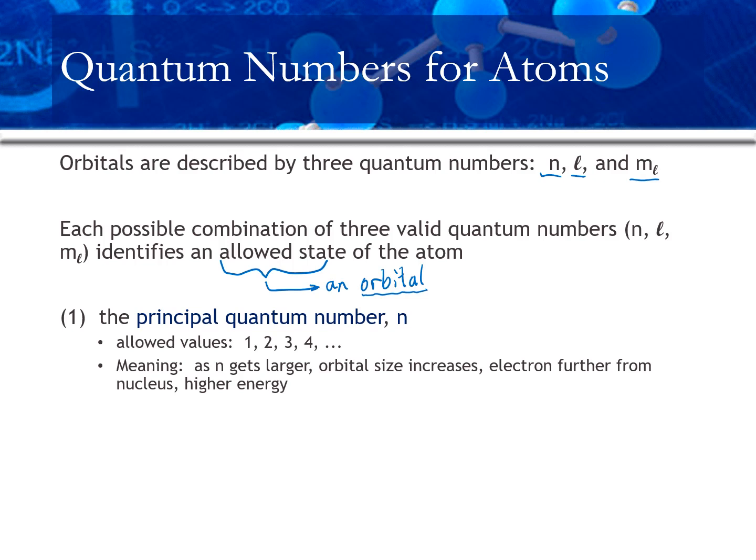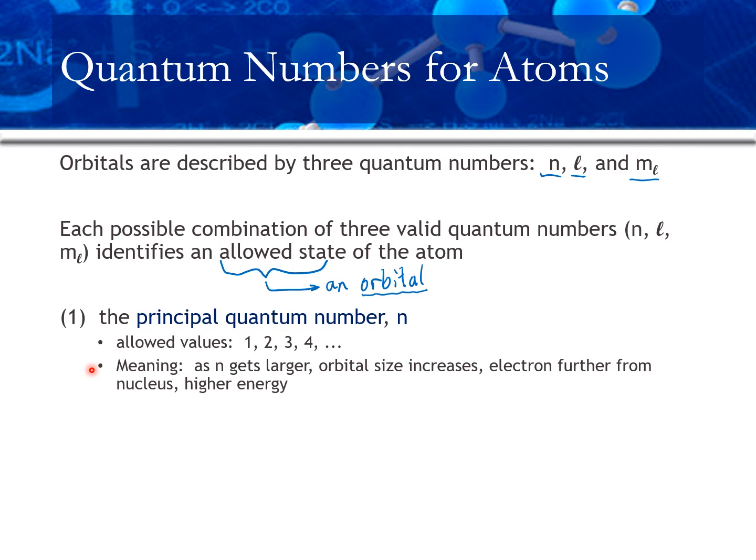There are restrictions on the possible values of these numbers, and we're going to go over their restrictions and their meanings right now. First of all, and this is important that it comes first because other quantum numbers depend on it, n is still called the principal quantum number, just like in the Bohr model. It has allowed values of positive integers: 1, 2, 3, 4, 5, 327, 1,032, 10,598.